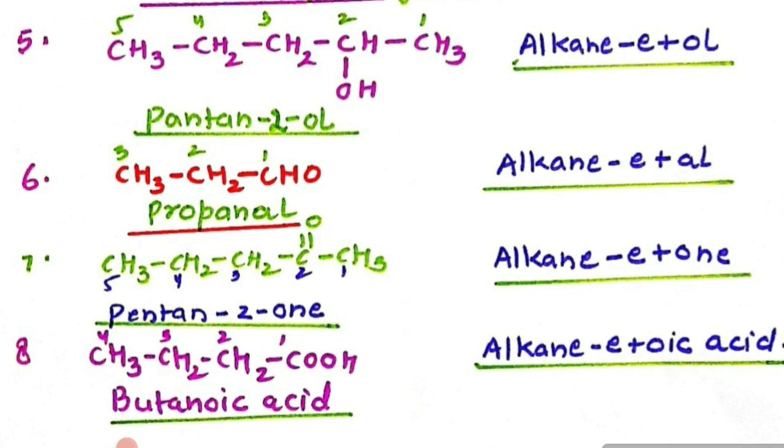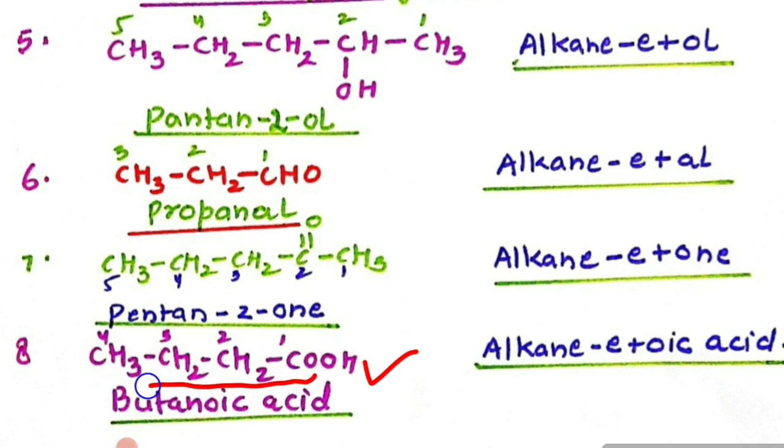Now let us take another functional group, the carboxylic acid group. Here this group is also a terminal functional group, so there is no need to mention the position of this functional group because it will always be the first carbon atom.